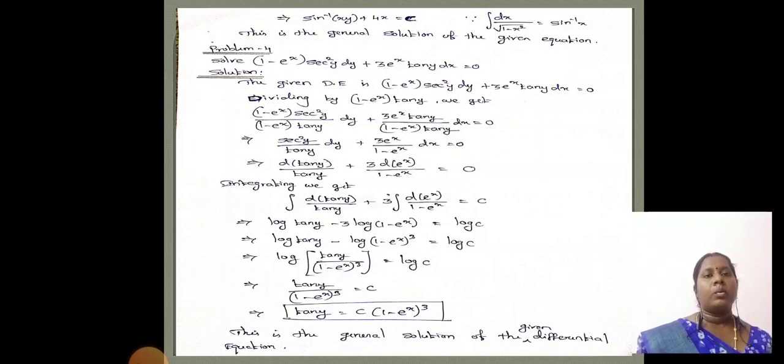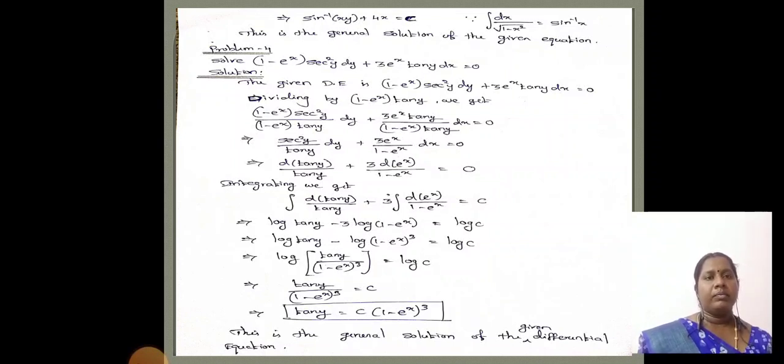Solve 1 minus e power x secant square y dy plus 3 e power x tan y dx equal to 0. Solution: first we have to write the given equation.